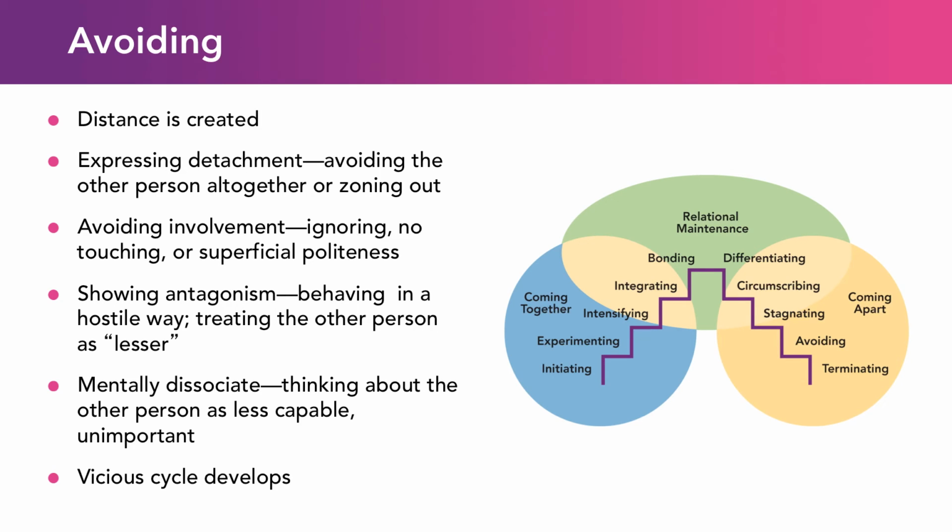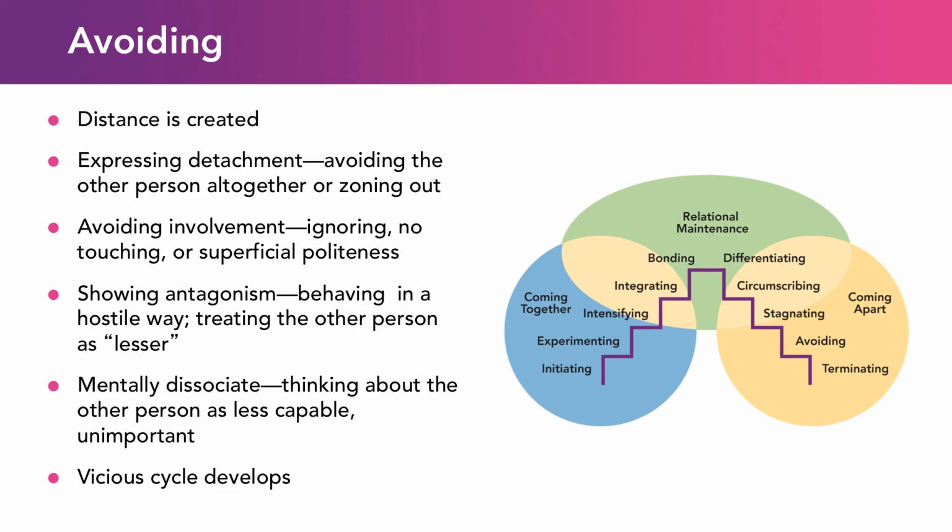That's avoiding involvement. You could show antagonism, the eyeball roll, or the okay, and you could mentally disassociate from the person, where in your mind this person has become the evil one. They are lesser, they're not important.